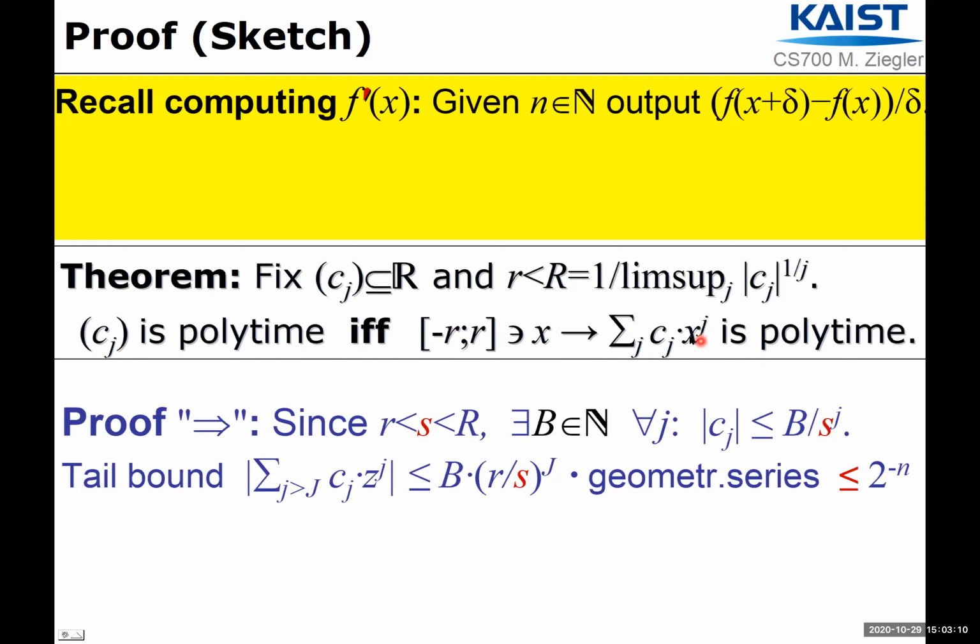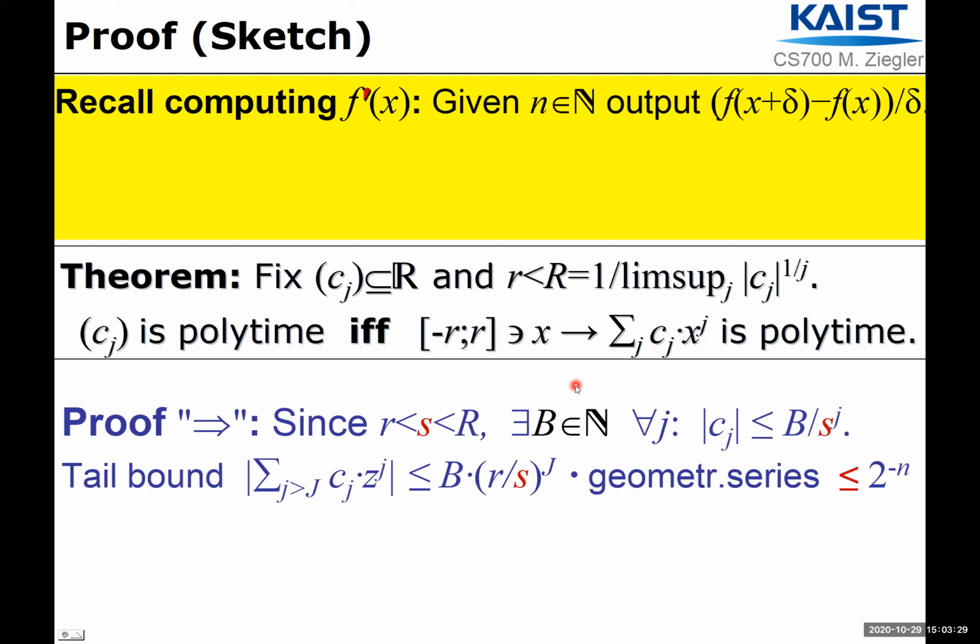If you plug in x equals 0, then that's C0 recovered. C1 is the derivative of that function at 0. C2 is the second derivative of that function at 0 divided by 2, right? There's a j factorial here, so 2 factorial is 2. C3 is the third derivative divided by 3 factorial, and so on.